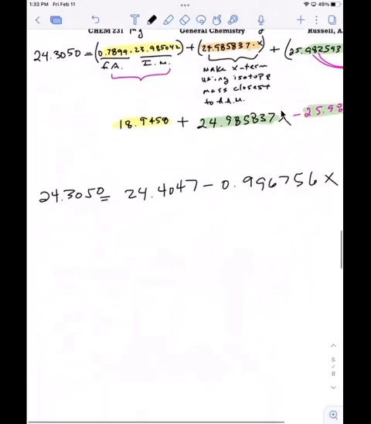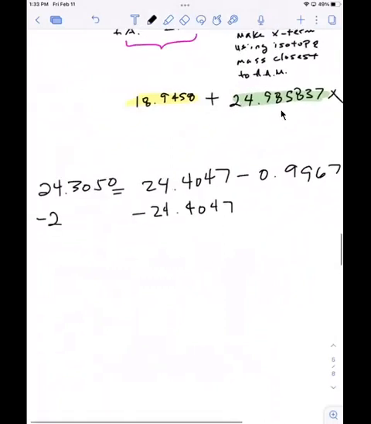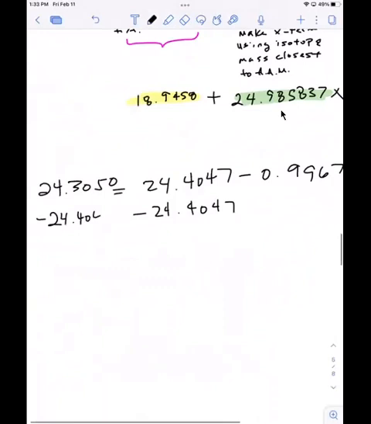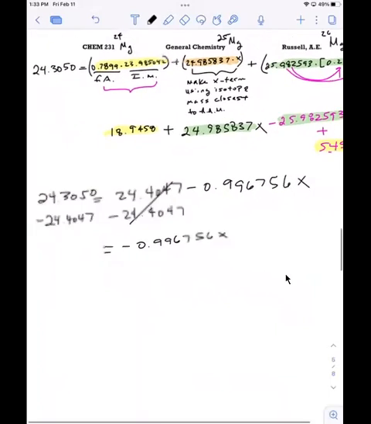So we can subtract 24.4047 from both sides. All right, can somebody give me that number? And this is equal to 0.996756X. All right, again, once we solve for X, we're home free because we can go back and plug it into the 0.2101 minus X to get the second fraction.